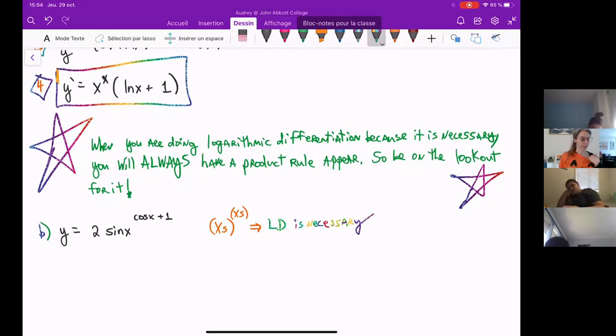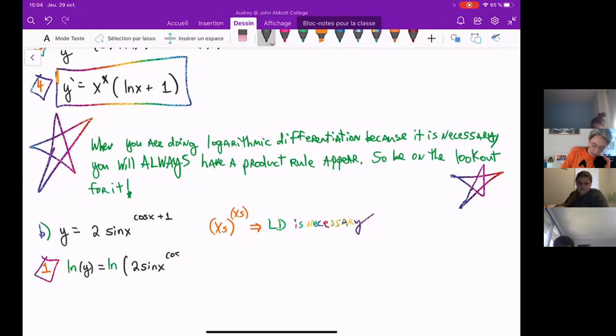So let's do it. Now, there's a little trick that's going to happen in this one, or a little thing that we have to think about, rather. I'm taking ln of both sides, so I have ln of y is equal to ln of 2 sine x to the cosine x plus 1.